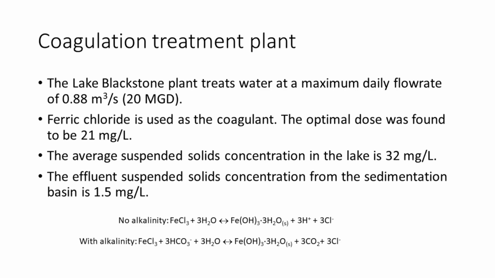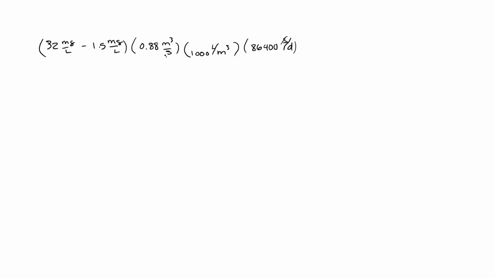So let's look at calculating the concentration of both the suspended solid sludge and the ferric hydroxide sludge. So we started with 32 milligrams per liter, subtract 1.5 milligrams per liter. We're going to multiply that by the flow rate, multiply by 1,000 liters per cubic meter by 86,400 seconds per day. So seconds cancel.